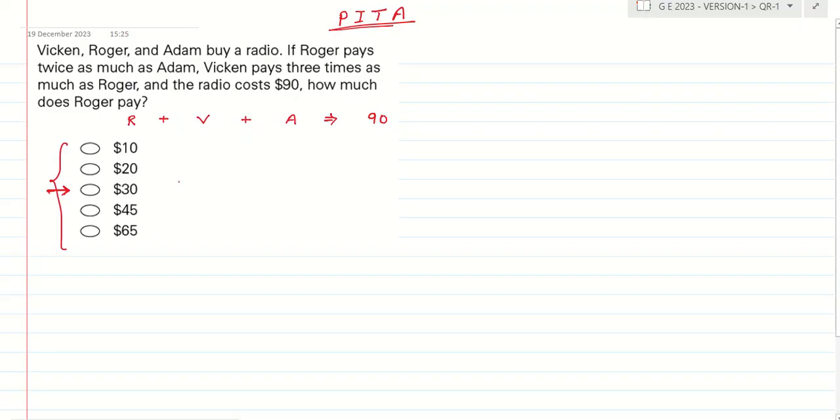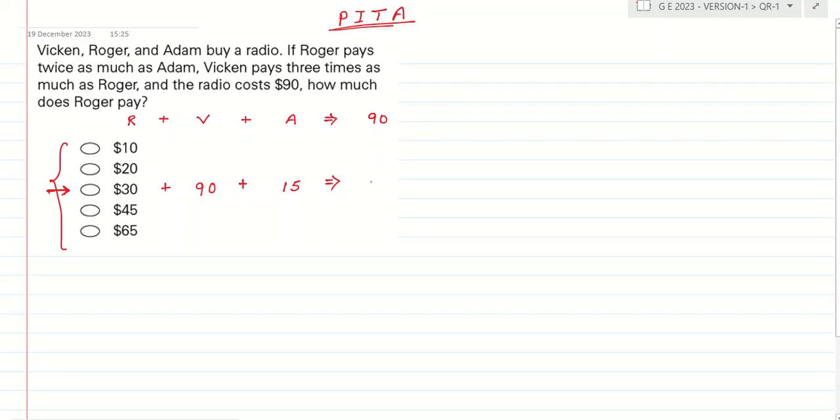Then what about Adam? Roger pays twice as much as Adam, so Adam pays 15. Correct? And Weekend pays 3 times as much as Roger, so 90. When you add these values together, will I get more than 90 or less than 90?